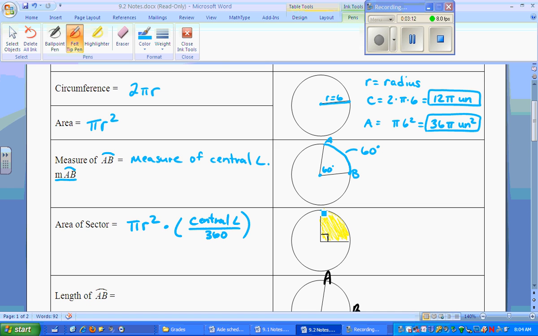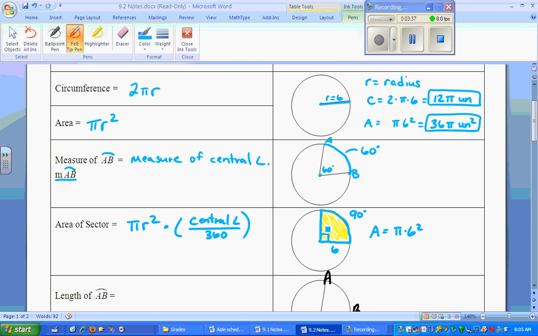Well, what do I mean? If we want the area of this sector here, we need a radius. The radius is still 6 from above. We know that this angle is how many degrees? 90. So the measure of this arc is 90 degrees. So the area of the whole circle is pi times 6 squared.